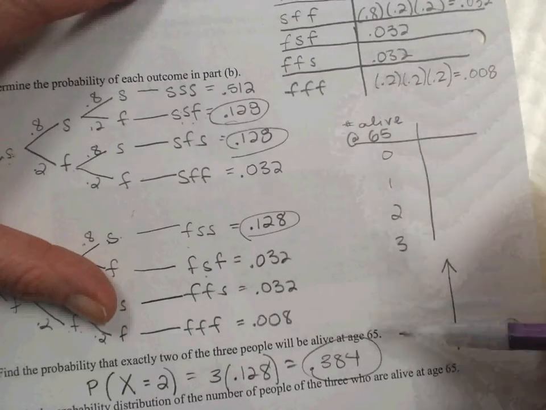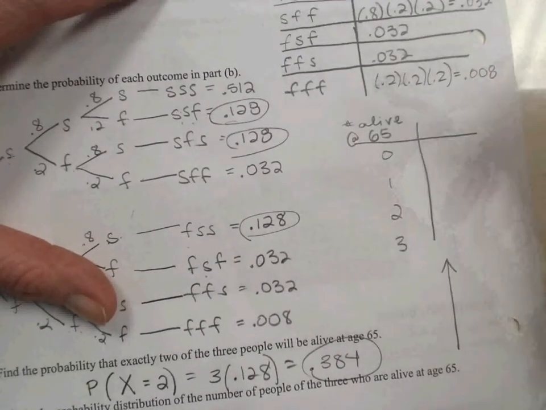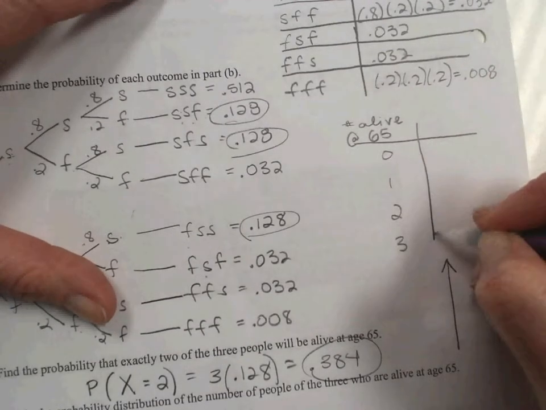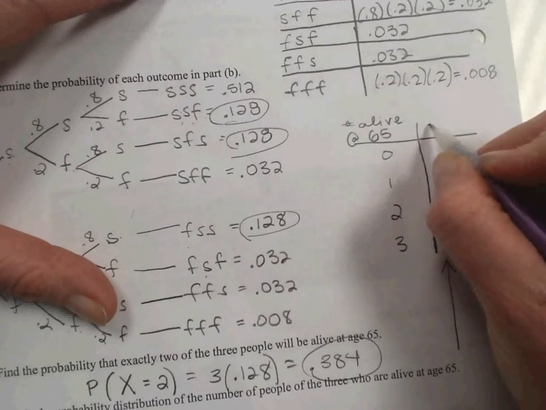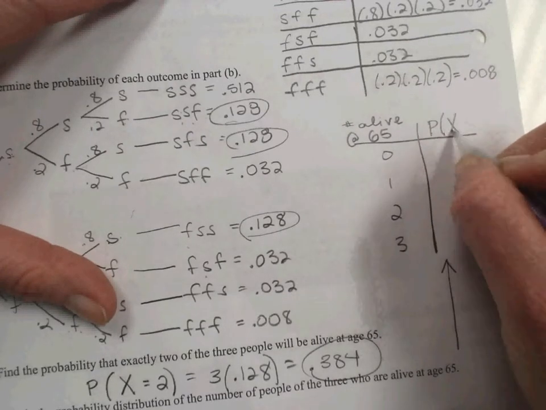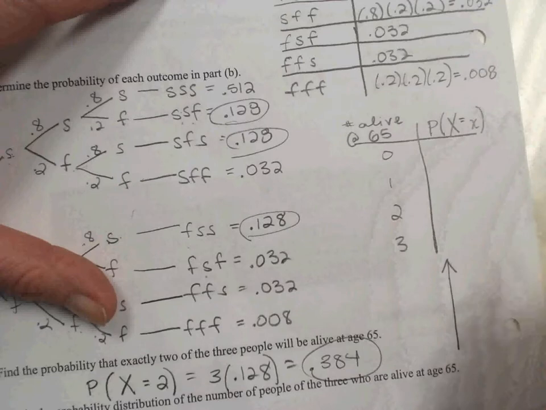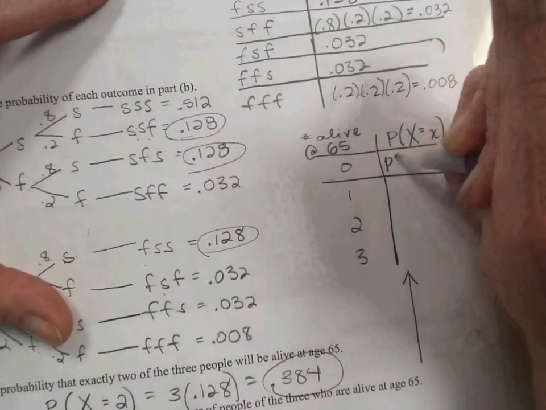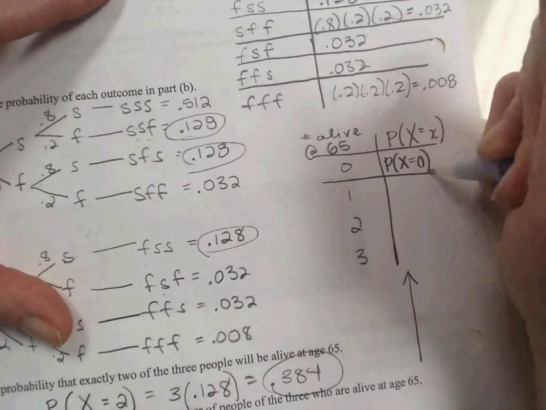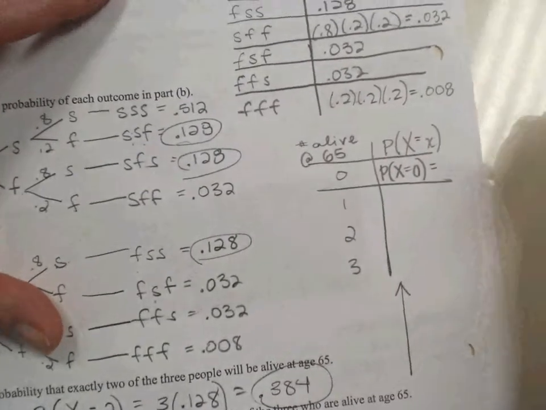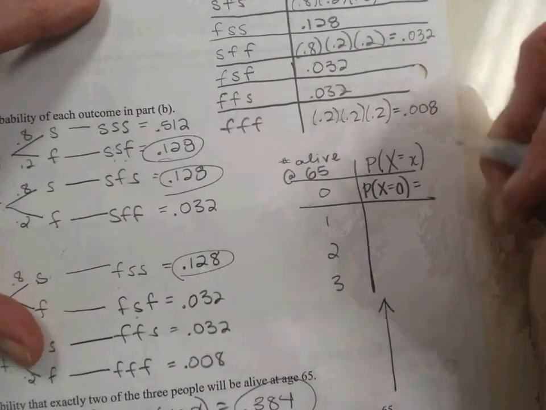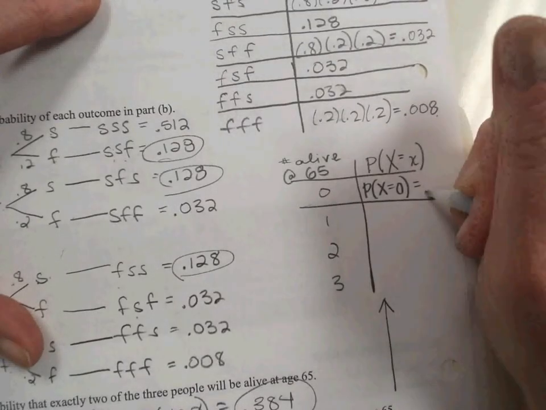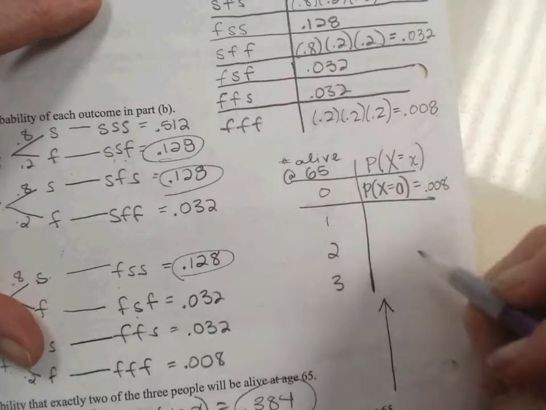Those are our lowercase x's, the values for our random variable. And then the probability that X equals 0, the probability that no one's alive at 65, is our 0.008.